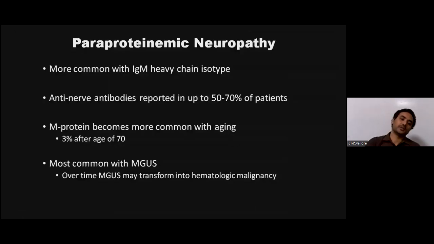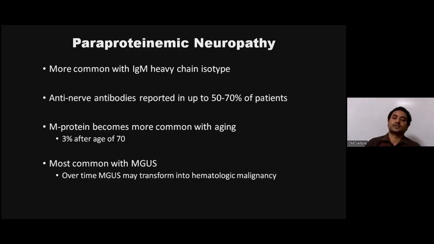Coming to paraproteinemic neuropathies, out of all the monoclonal disorders, the most common one in the general population is IgG. But the one most commonly associated with paraproteinemic neuropathy is IgM heavy chain, and in those, 50 to 70% will have anti-nerve antibodies, which I will come to briefly.